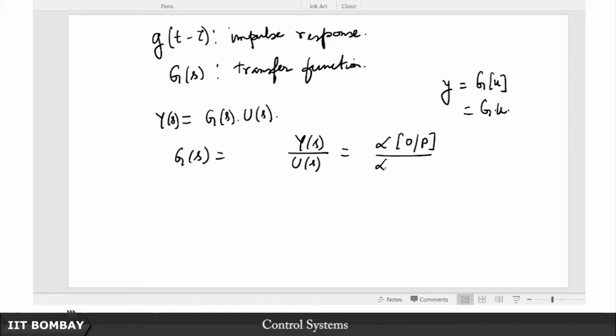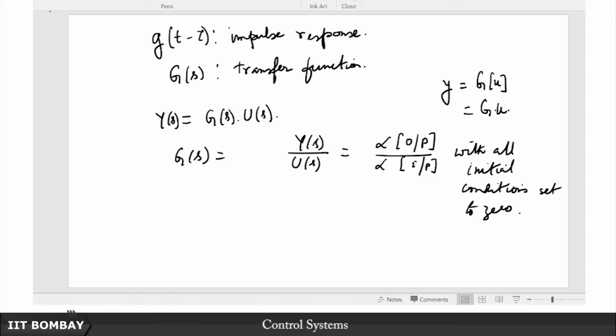We shall see shortly what these initial conditions are and why they enter the picture. So that is an alternate description of the transfer function G(s).